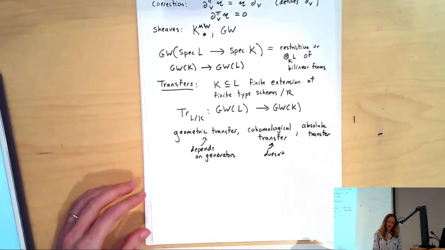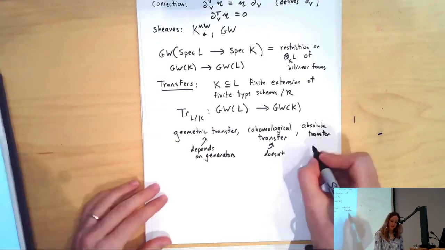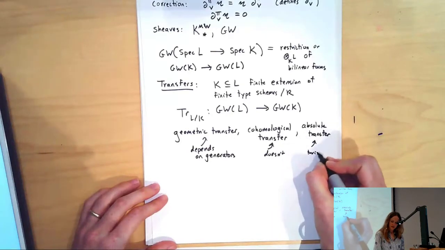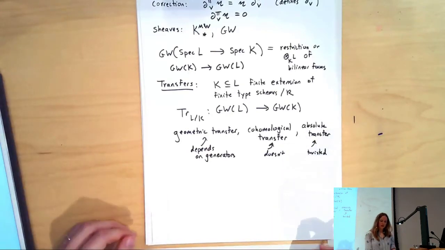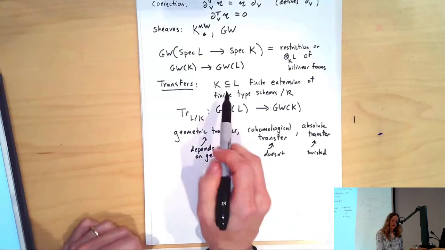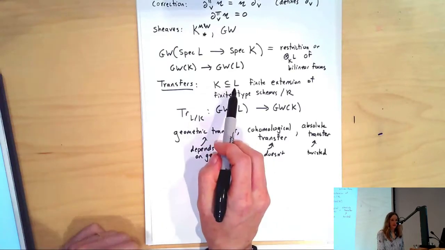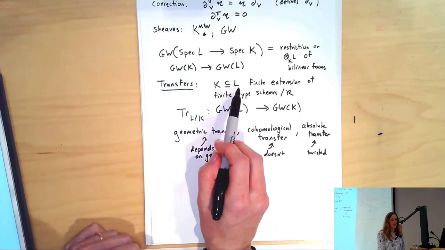And in the case where K to L is separable, they're sort of in twisted Grothendieck-Witt groups. For the kinds of extensions we saw yesterday where K to L was separable, there's a canonical way to untwist.